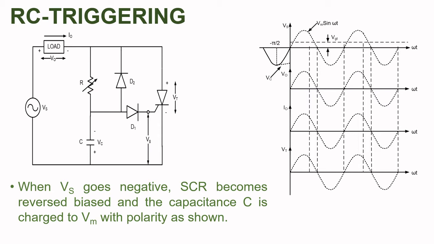During this condition, the diode D2 becomes forward biased and the capacitor charges through diode D2 with voltage equal to the Vm, which is the peak value of the supply voltage. The path of the charging current is as shown in the figure.